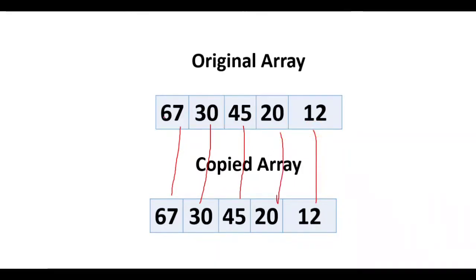It means the reference of the original array is assigned to this copied array. A new reference is not created, because I am having the same elements in my copied array. So my original array and my copied array are pointing to the same reference. So that means your value has been copied.